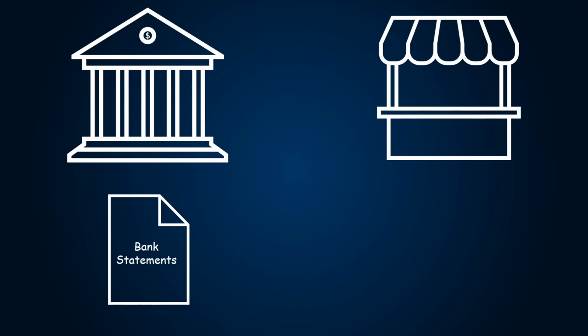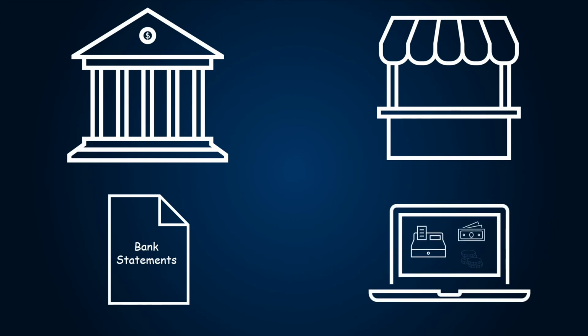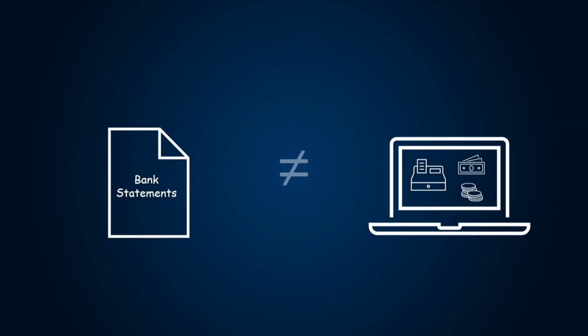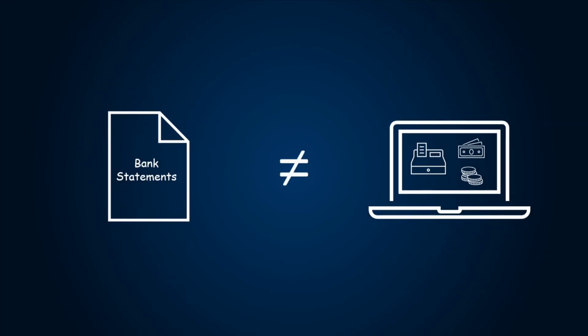That's a record of the same transactions that the business is keeping track of, cash receipts and cash disbursements. These two independent records of the same transactions are a great way to ensure accurate and reliable reporting of cash. But it might come as a surprise to you to learn that these records often do not equal.